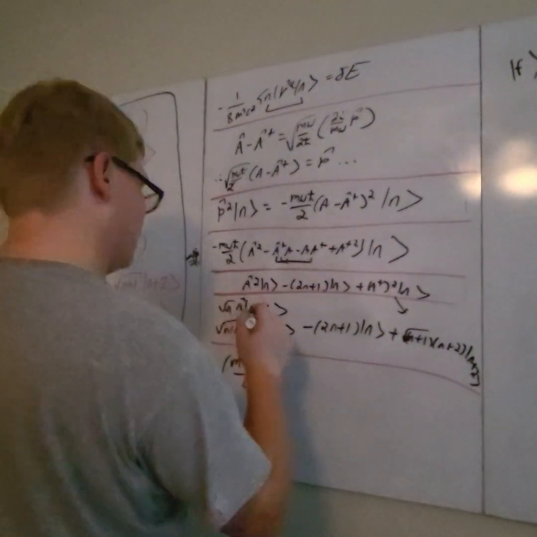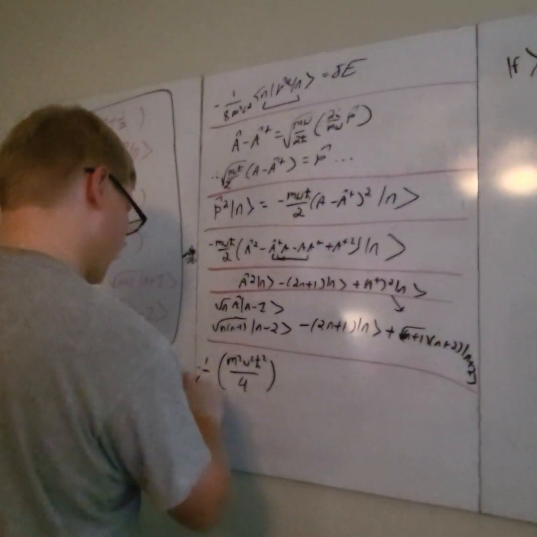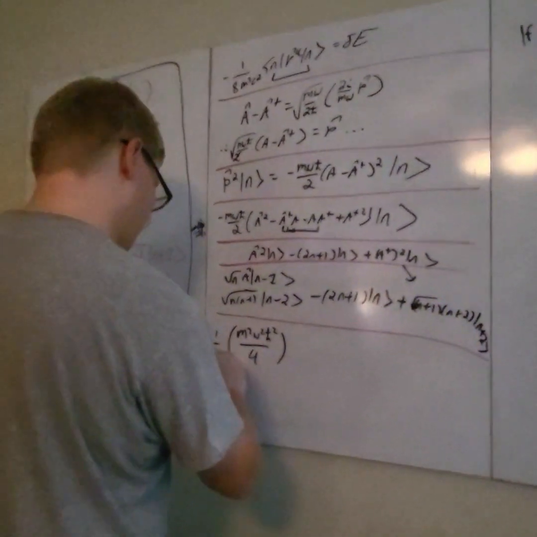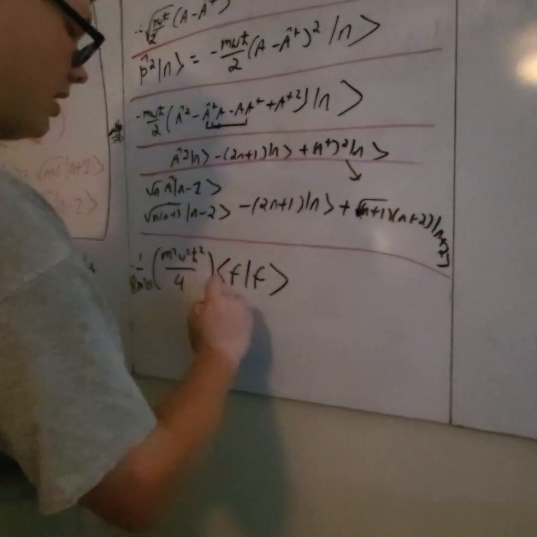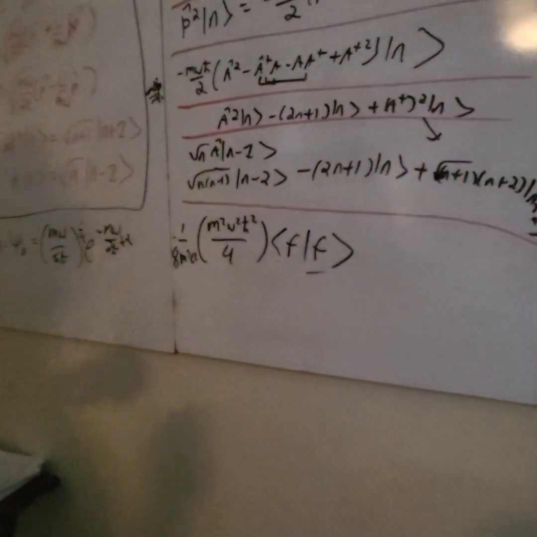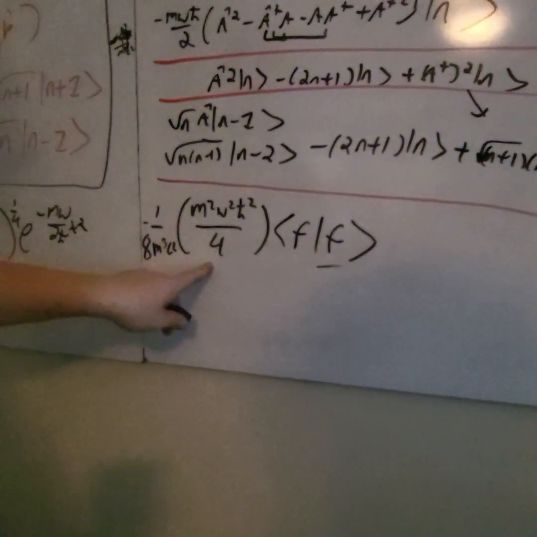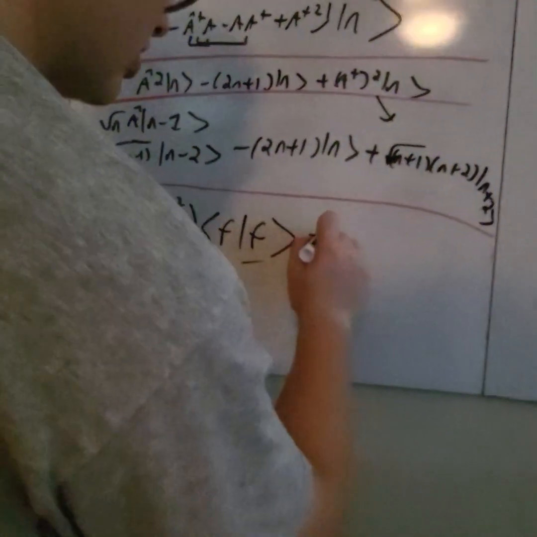And then we can't forget the negative 1/8 m cubed c squared, and then the inner product of the ket with itself. That's what we're going to eventually calculate, and that's going to be our correction to the energy.